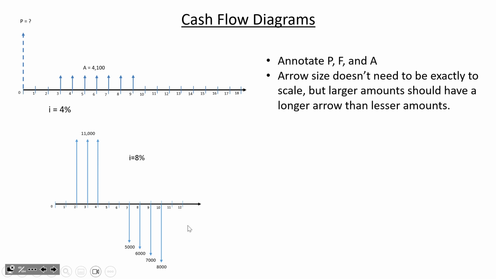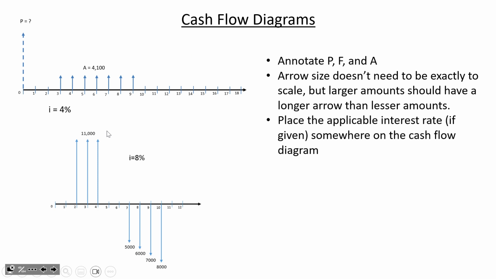So if you've got a cash flow diagram like here, where we've got 5,000, 6,000, 7,000, 8,000, it's good practice to have the arrow length roughly correspond to the amounts. You can see that the amounts are getting bigger without even having to look at the label.